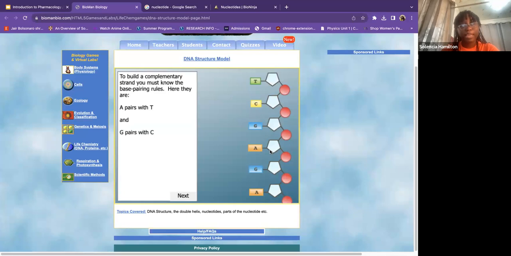Adenine, which is the A, T for thymine, G for guanine, and C for cytosine. So these will specifically pair to each other. So A with T and G with C.